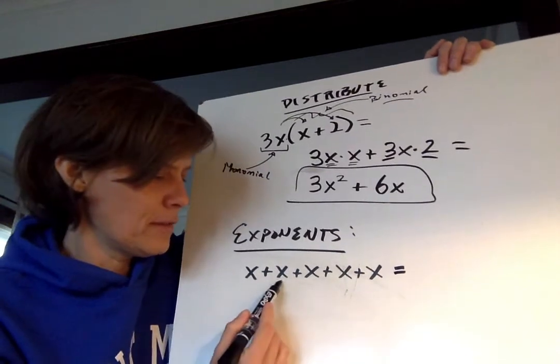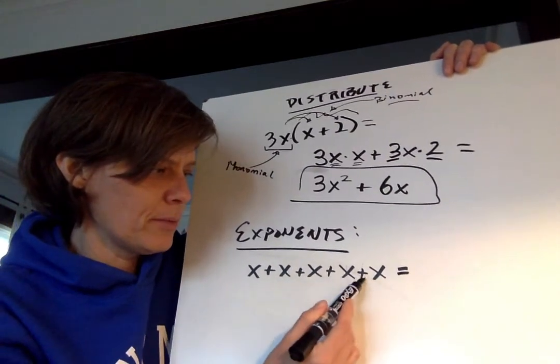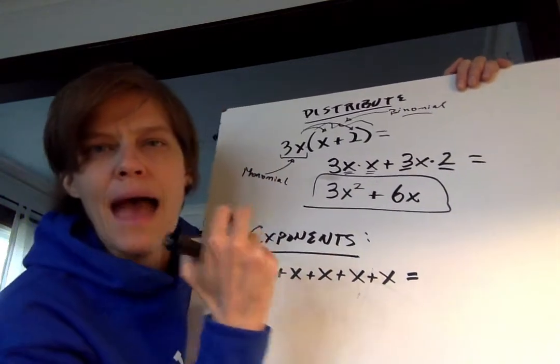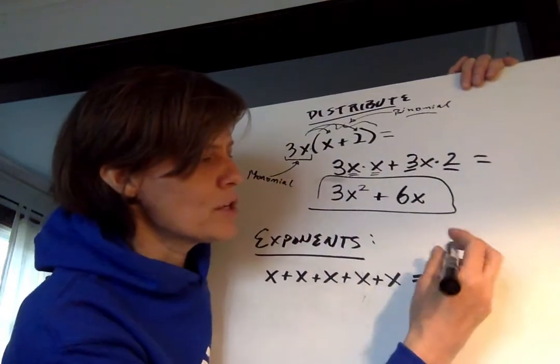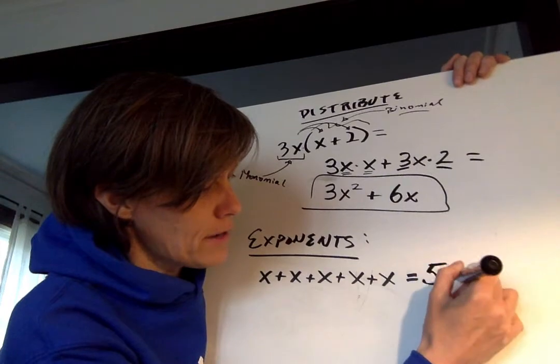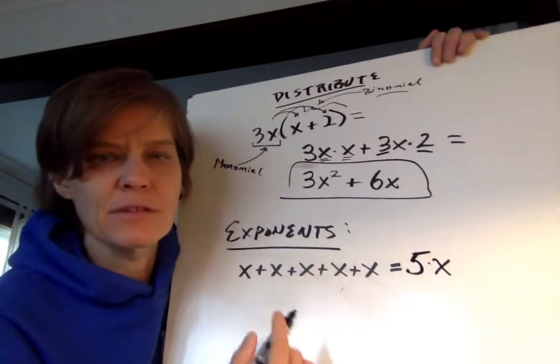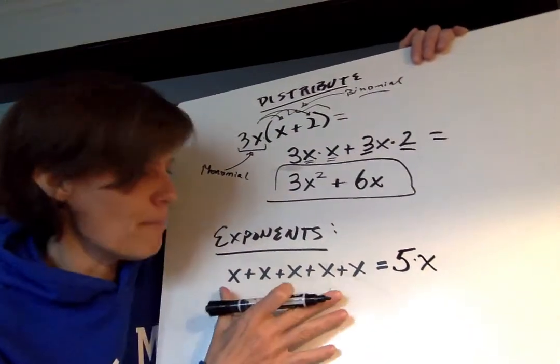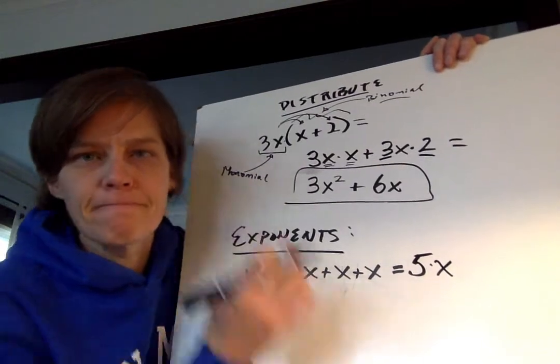There's a plus sign, there's a variable, plus, variable, plus, variable, plus, variable, right? I am adding X 5 times. So we typically write the coefficient first, and we say 5 times X. That's the same as 5X. We are now multiplying our X.